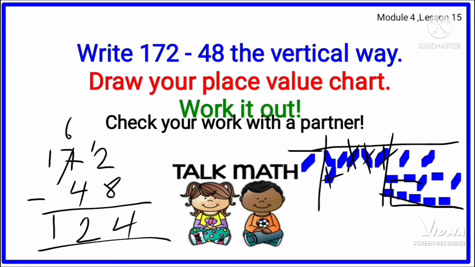Let us look at this other one. 172 minus 48. We're going to solve it both the vertical way and using a place value chart, drawing chips. If you look at my chips, I have 1 in the hundreds place, 7 in the tens place, and I decomposed 1. I made it 10 ones.